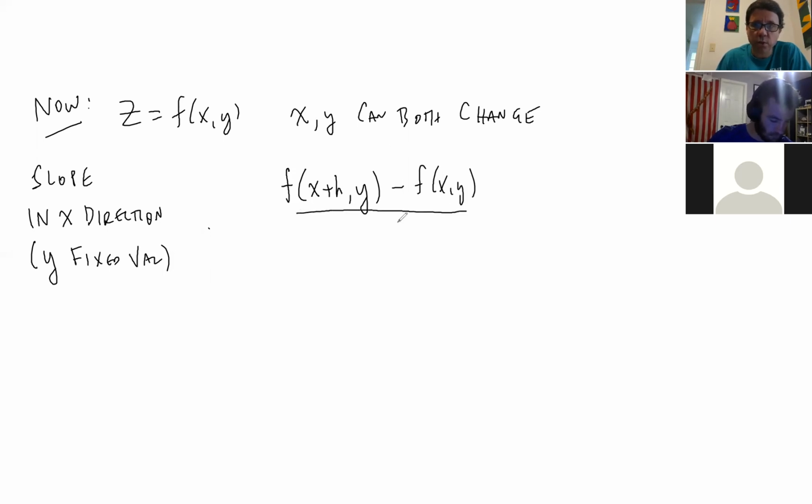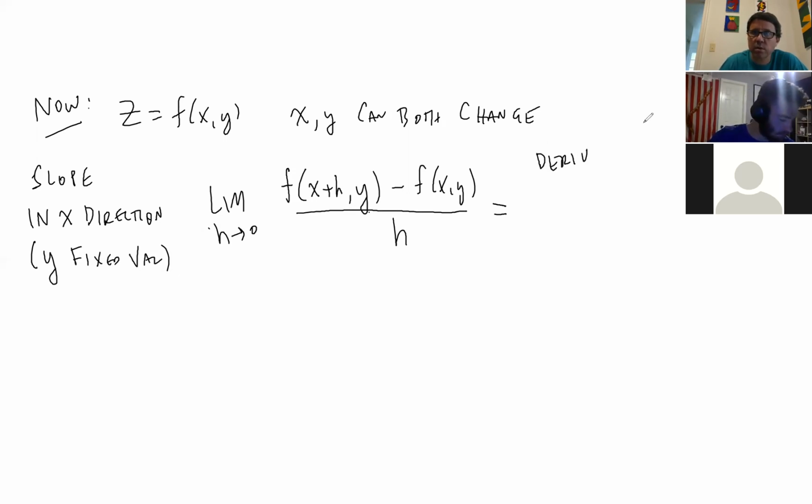And the run is still going to be h. And I take the limit of that guy as h goes to 0. So it looks very close to what we had on the previous one. Now we just have this extra y sitting there. And if this works out, this will be called the slope in the x direction, the rate of change in the x direction, or you can talk about the derivative in the x direction.